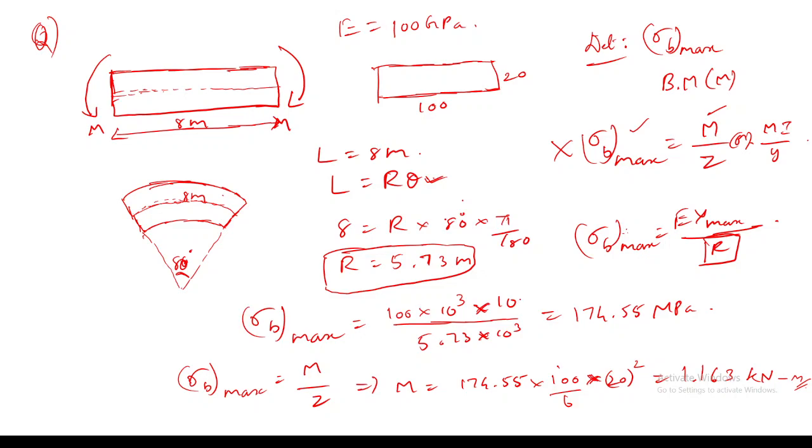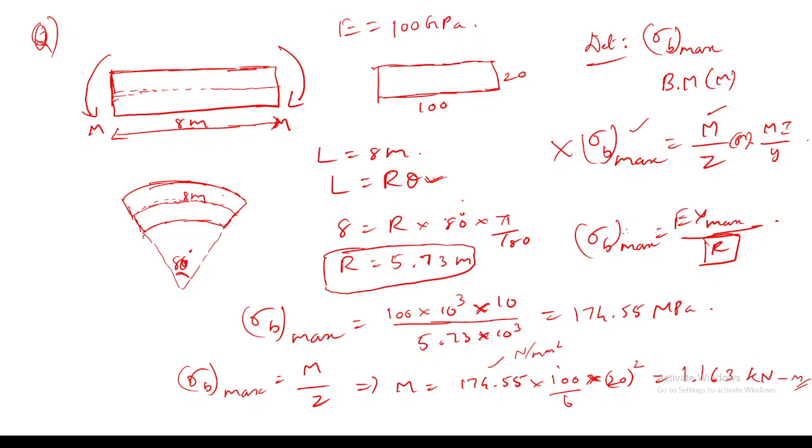Is everyone getting this answer or a different answer? See, this is in megapascal, right? Megapascal means newton per mm square, so I will be retaining this same value. B is in mm, so I will substitute this as 100 alone, and 20 also is in mm. So 20 square divided by 6.